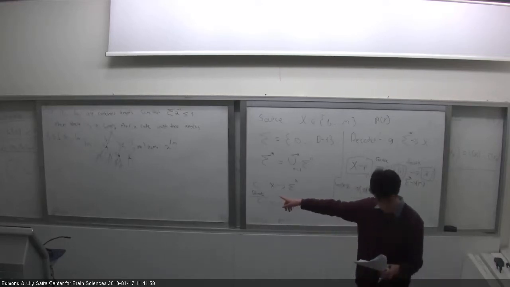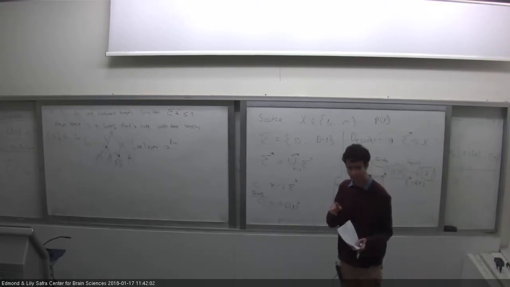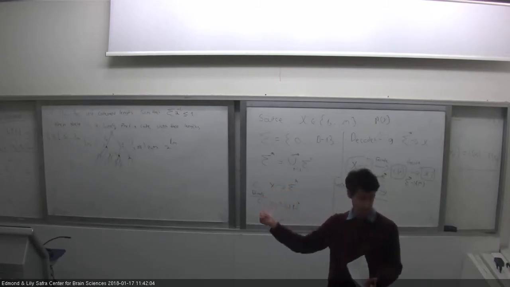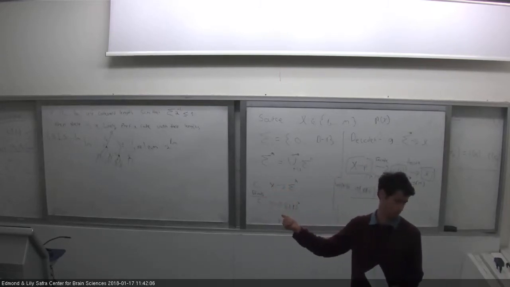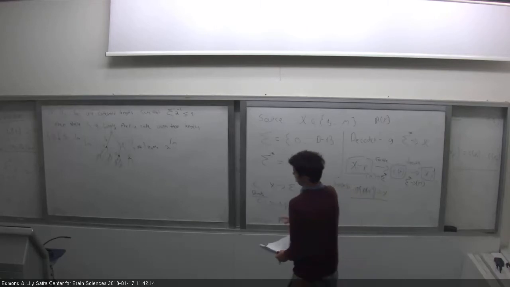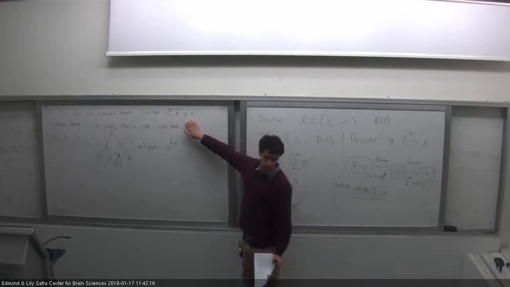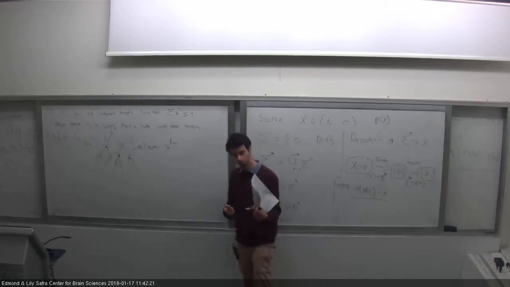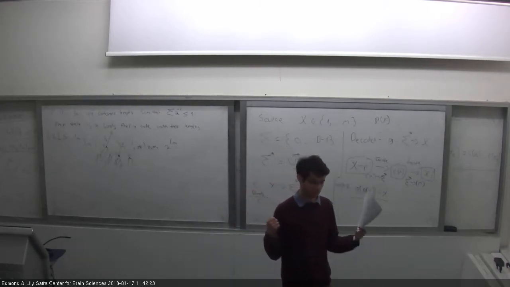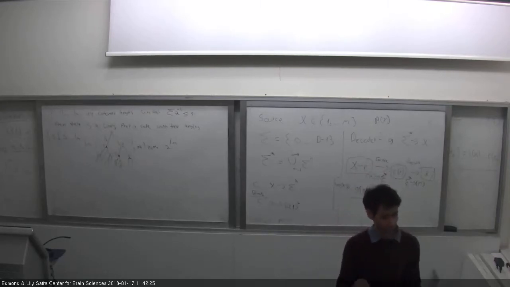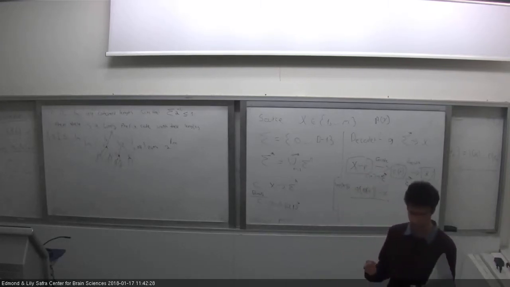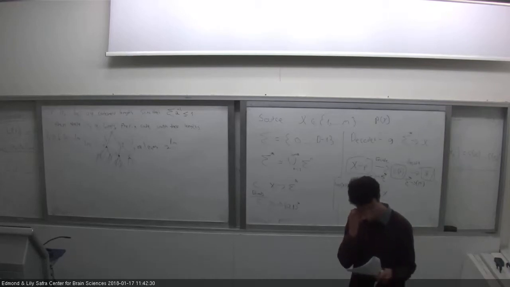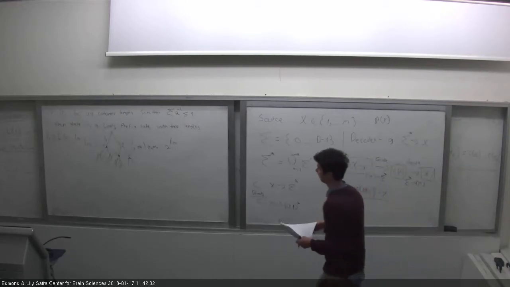Now we need to prove that it's really a code, a perfect code. I want to build a code, and I need two things: that the code will be perfect, and that the lengths of the code words will be L1 to LM.